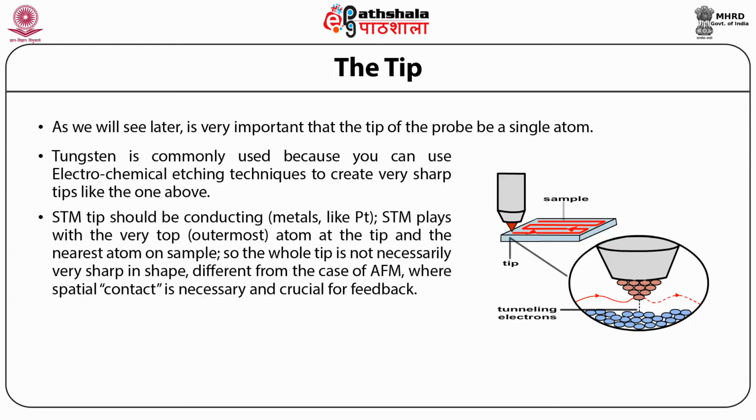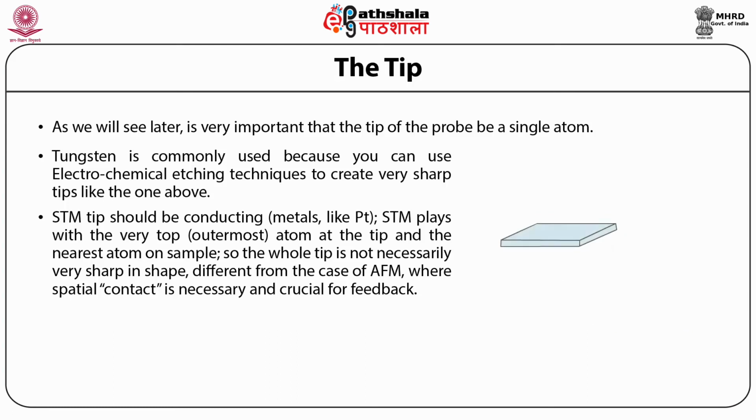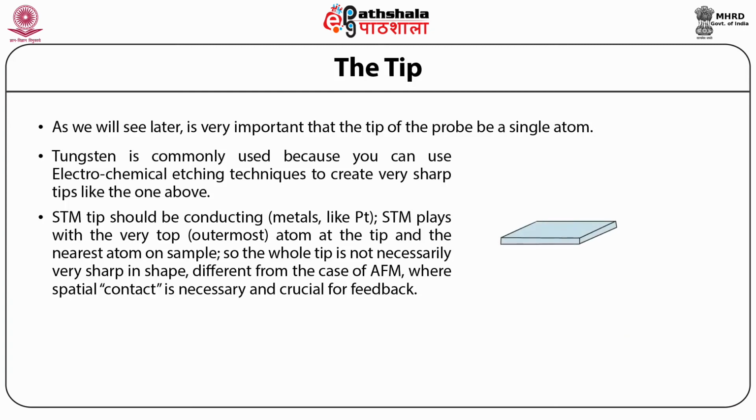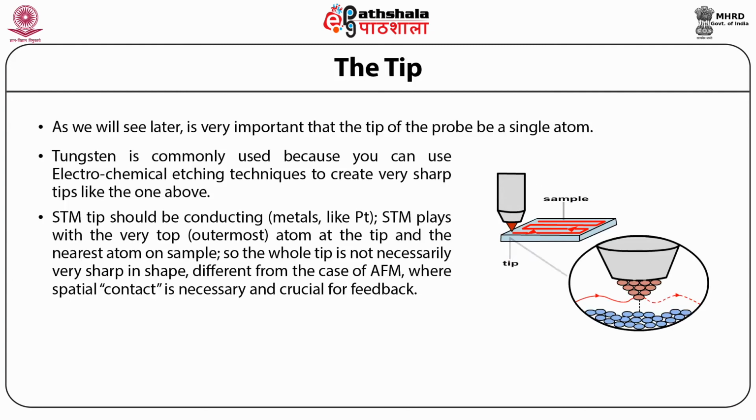STM tips should be conducting, metals like platinum. STM plays with the very top outermost atom at the tip, as shown in this figure, and the nearest atom on the sample. So the whole tip is not necessarily very sharp in shape, different from the case of AFM where spatial contact is necessary and crucial for feedback.